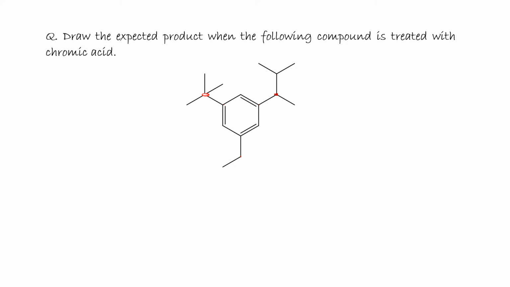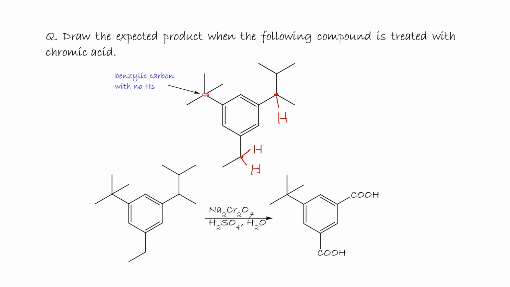This again benzylic with 1 hydrogen, then you expect this to be oxidized. This is the benzylic again with 2 hydrogens, then you expect the oxidation will occur on this carbon too. Well, we run the reaction and we get 2 carboxylic acids, and here no reaction.